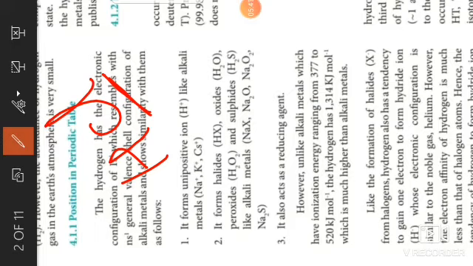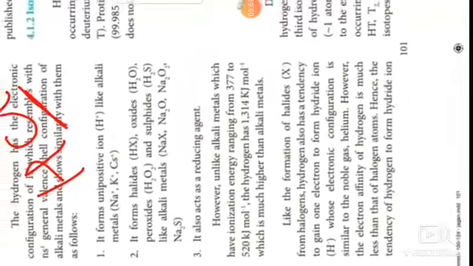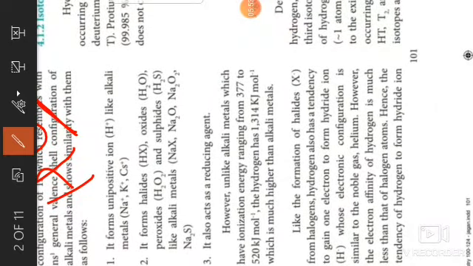Another one is the formation of halides. Like halogens, hydrogen also has a tendency to gain one electron to form a hydride ion, whose electronic configuration is similar to the noble gases.